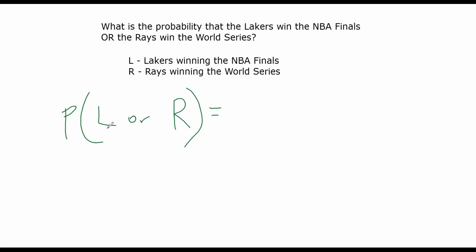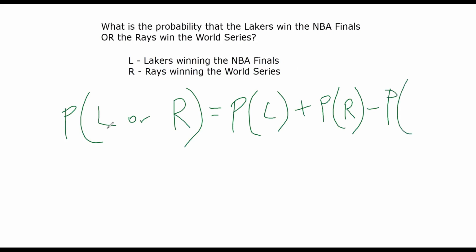This is always equal to the probability that the Lakers win the Finals plus the probability that the Rays win the World Series. But then something weird happens. You have to subtract off the probability that both the Lakers win the Finals and the Rays win the World Series.